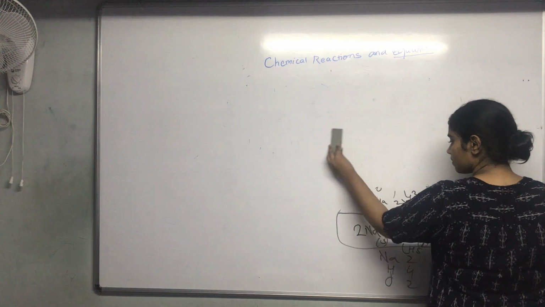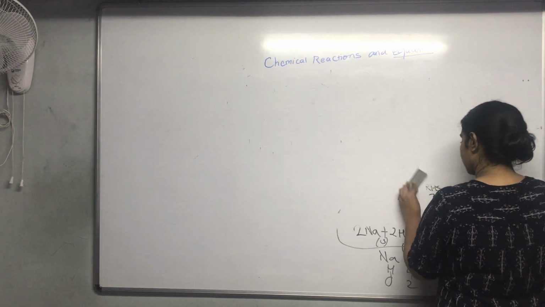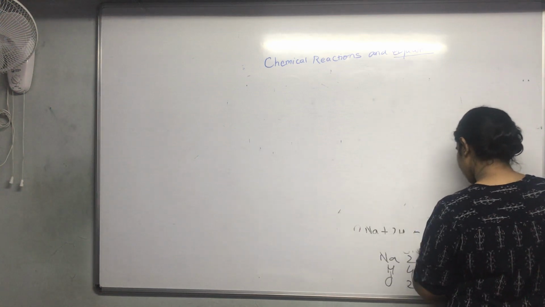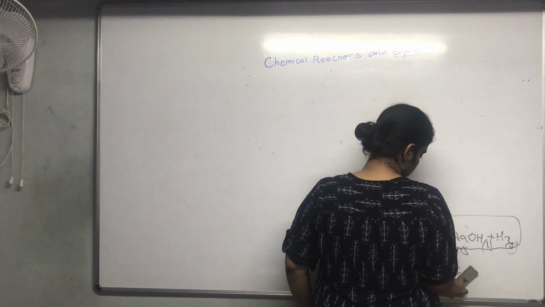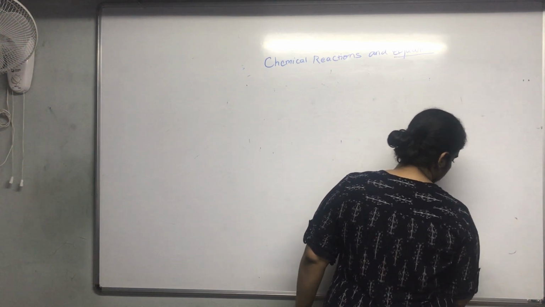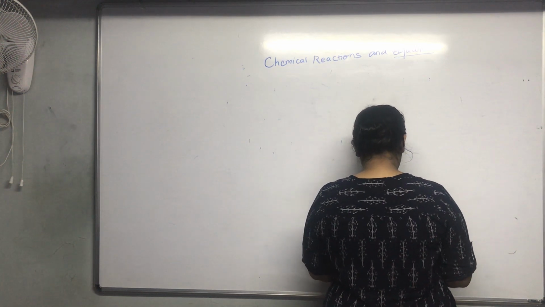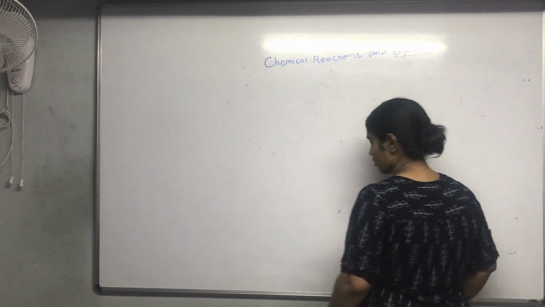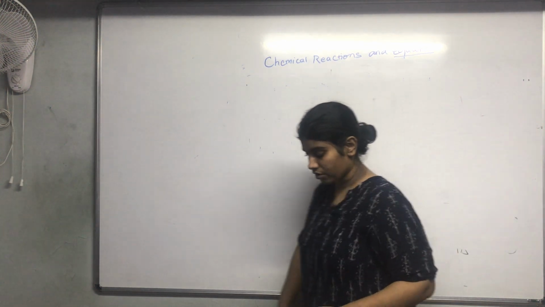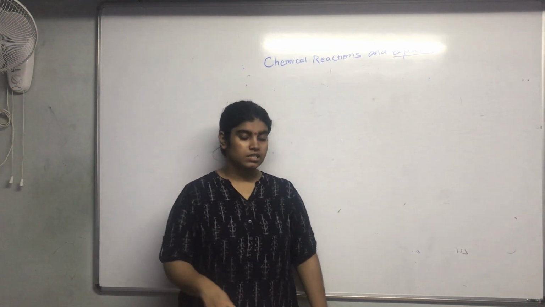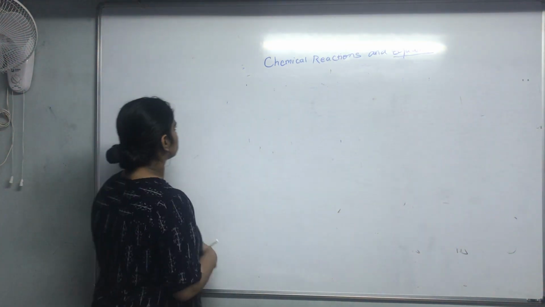The first type of chemical reaction which you all have in your books is the combination reaction.